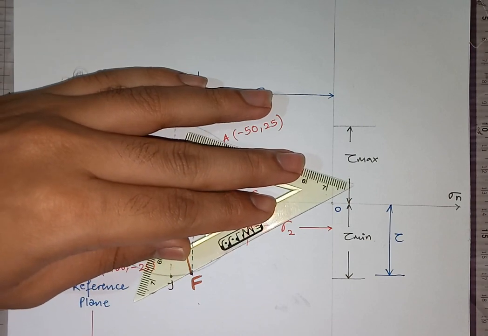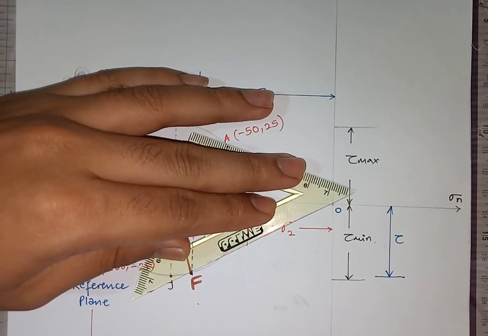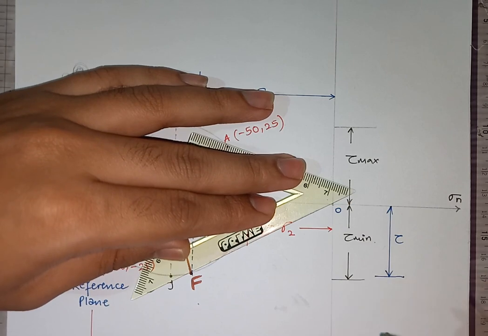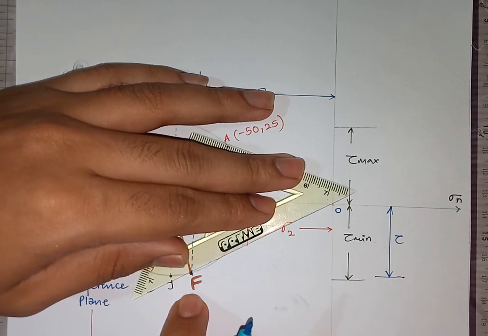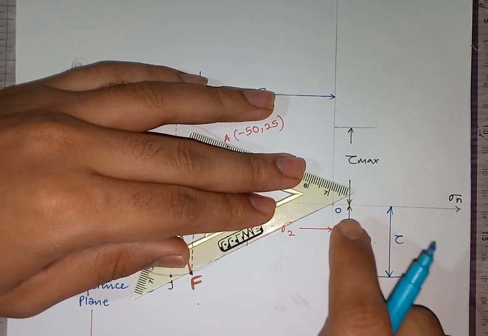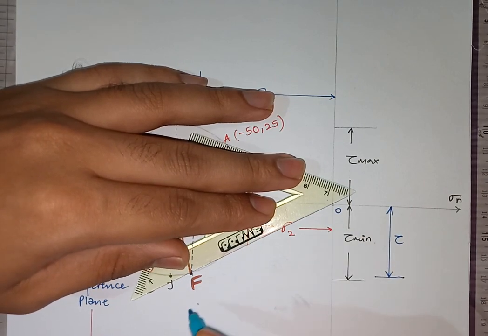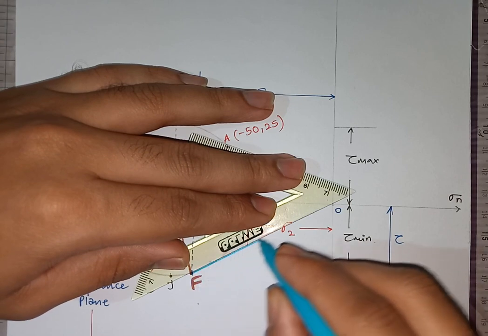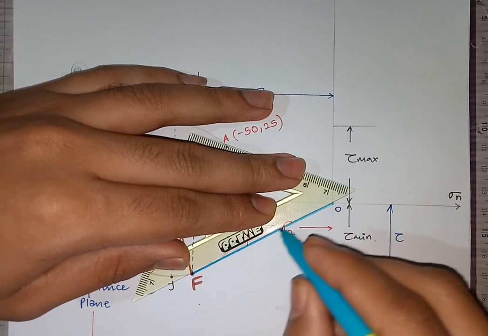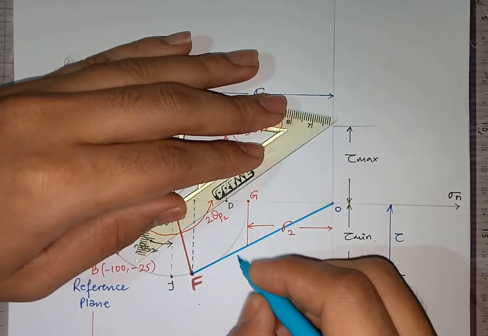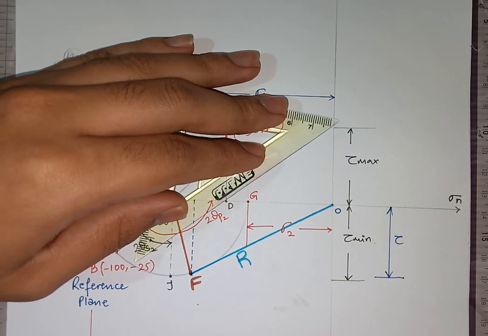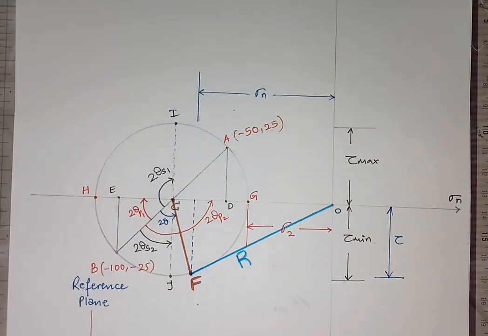I am going to denote it from this origin point O to this point F on the oblique plane. This I call the resultant R.